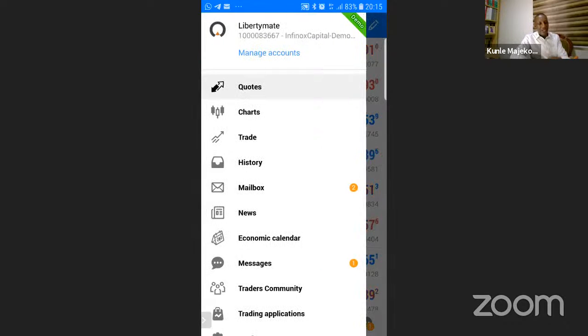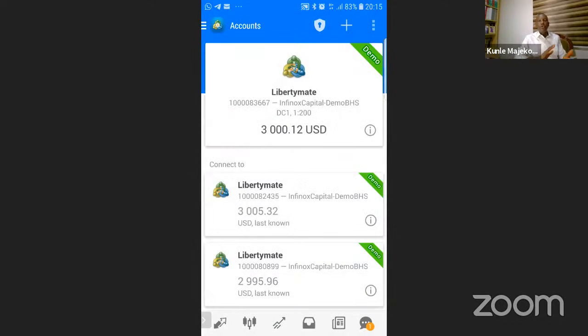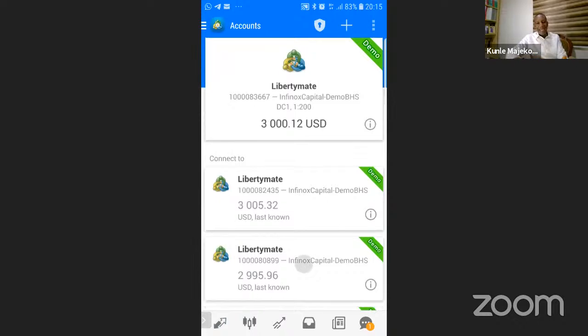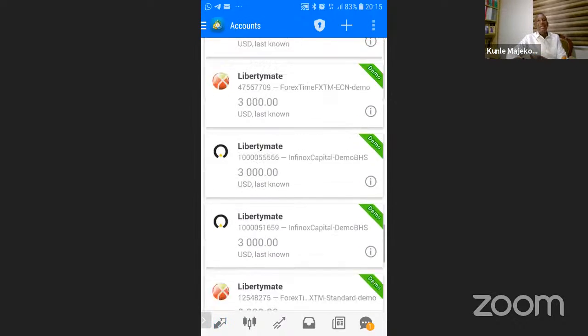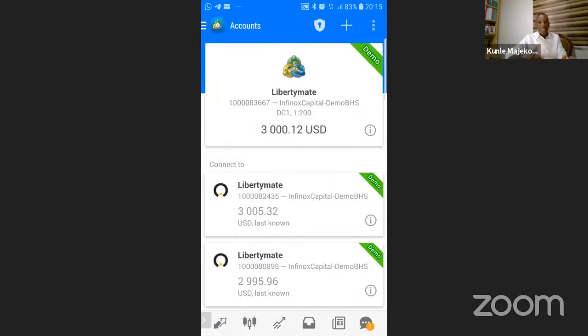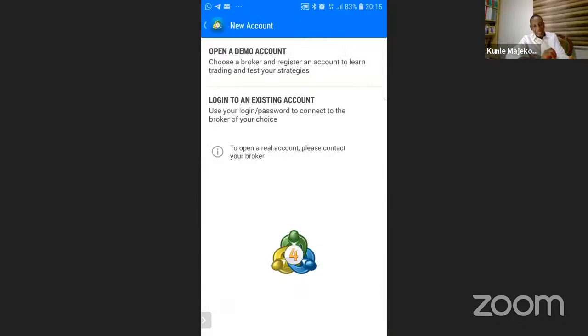I click on manage account, then it's showing me so many. For you, if you don't have any account before, you only see one. But because I have done so many demo and real accounts, of course, this is what you see. But for you, forget about what you are seeing on mine. What you do is click on the plus sign at the top right there.